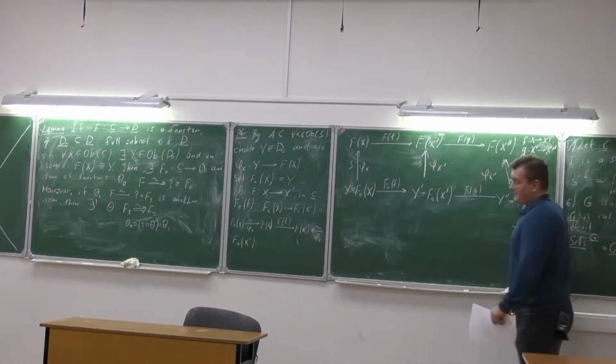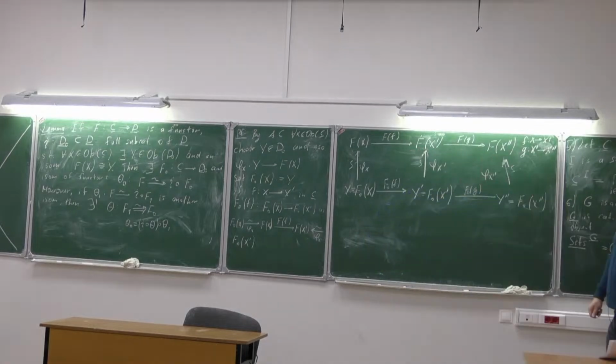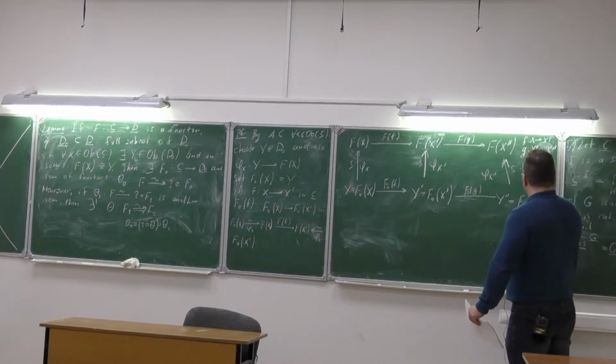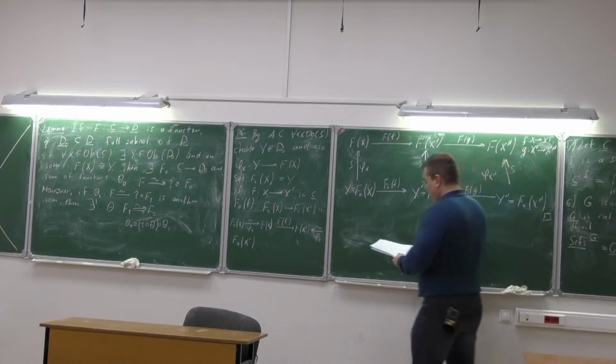Okay, so this is the diagram that we have. And if you look at this diagram, since you know that the composition for f goes to the composition, the same is true for the f naught. And the moreover part I'm going to leave as an exercise. Since everything is so simple, I think you can do this. So that's the end of this proof.